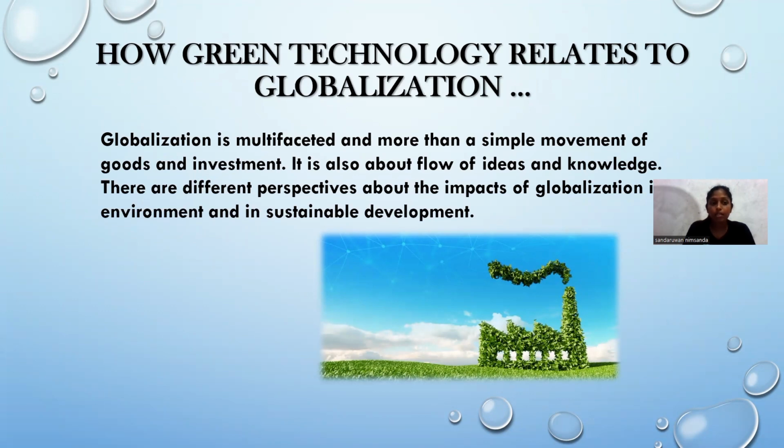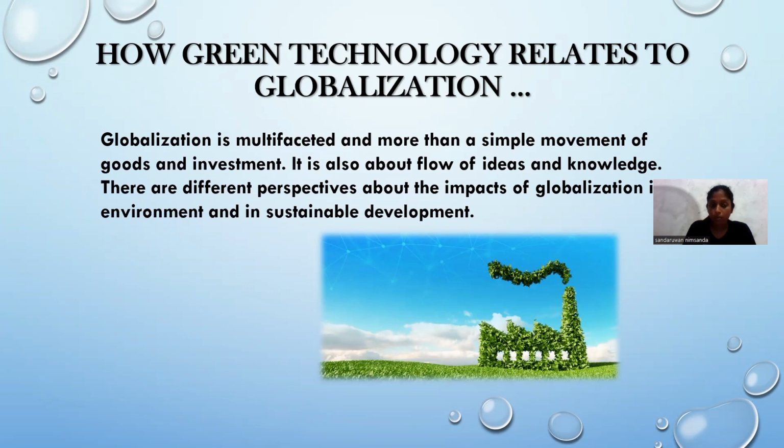Globalization is multi-phased, more than a simple movement of goods and investment. It is also about the flow of ideas and knowledge. There are different perspectives about the impacts of globalization on the environment and on sustainable development.